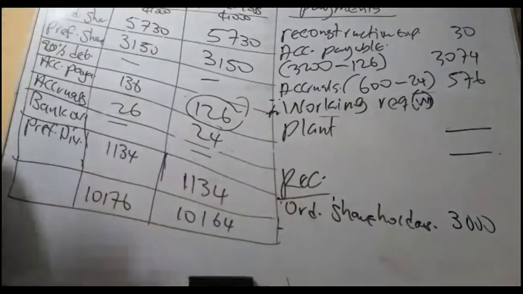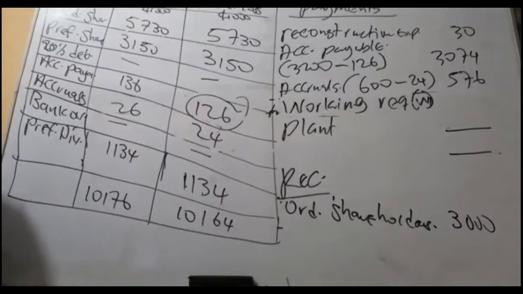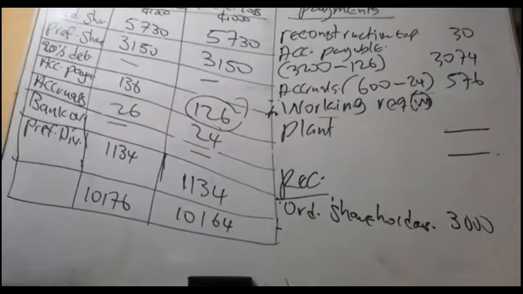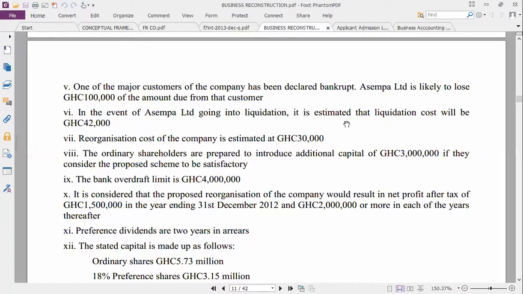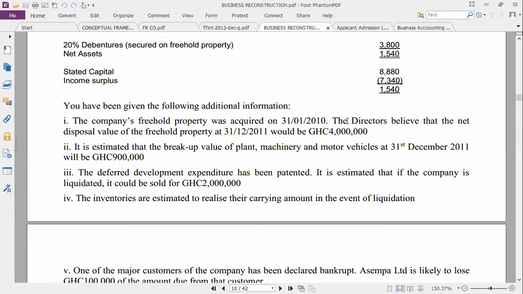Who again have to give us money? Let's go to the footnotes. A lot of people should give us money so that we can use it. It says something that we have to sell one of the items. The deferred development expenditure has been patented. It is estimated that if the company is liquidated, it could be sold for 2,000.